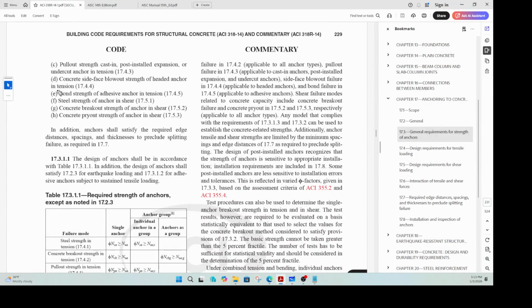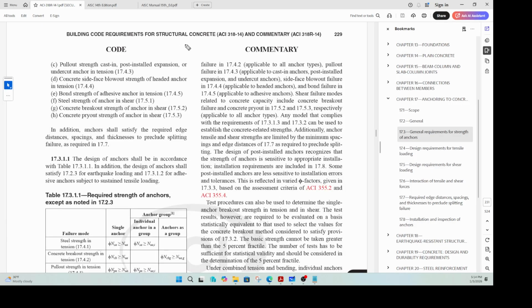The problem is about finding the shear capacity. So we are looking at that one, steel strength in shear, and that was a much higher value. Concrete breakout strength of anchor in shear, and then pryout strength in shear. So pryout strength was also a decent amount. The least one was this. This was 12.8 kips in our example, but the load coming was 30. So that's a failure. Okay.